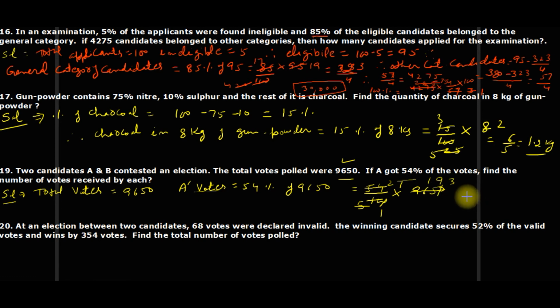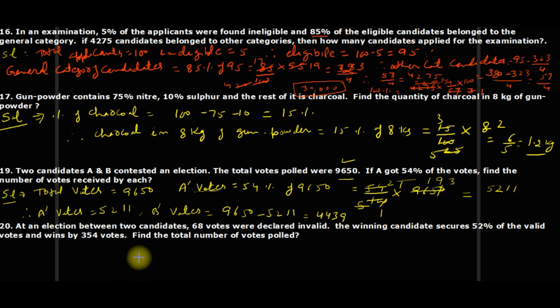So it would come out to be 193 multiplied by 27. So it would come out to be 5211. So therefore A's votes equal to 5211 and B's votes, we will subtract 5211 out of 9650. 4439.